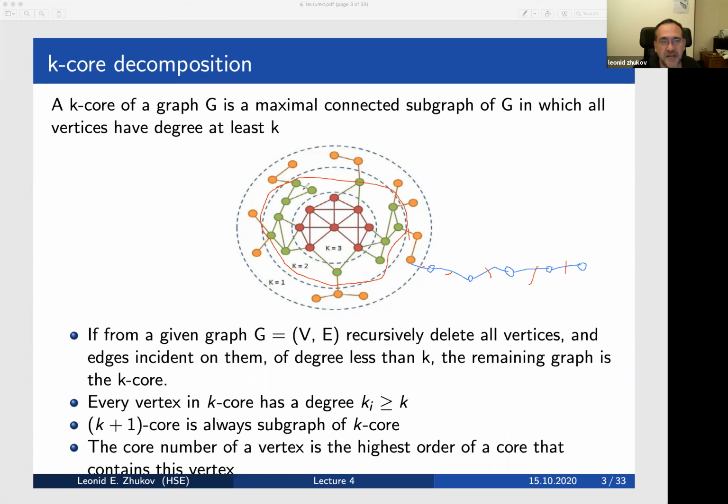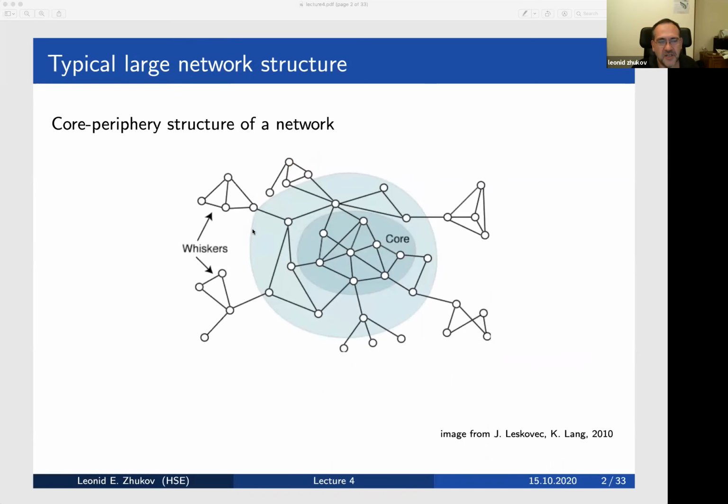Okay. This is actually a very, very powerful pre-processing technique. If you have a graph with a lot of those dangling nodes, a lot of things like here in this picture, like those whiskers, and very often you are really interested in what's happening inside, right?